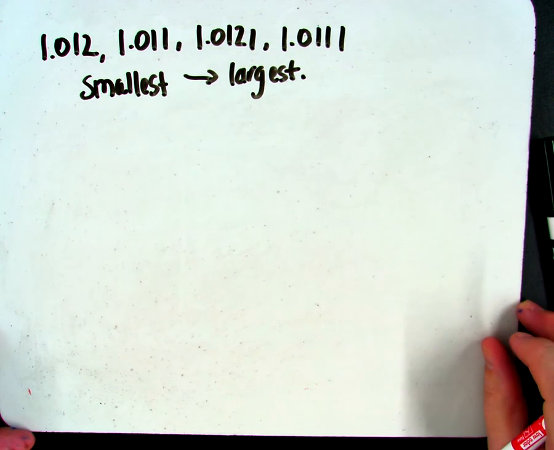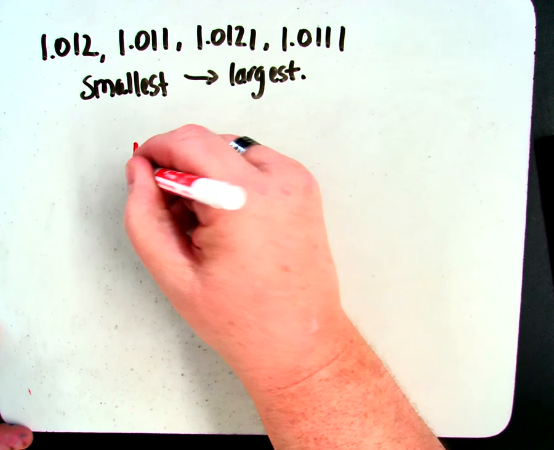Do you have to do that? No, if you can see the numbers in your head, but the easiest way would be to align them vertically, anchored on their decimal points.